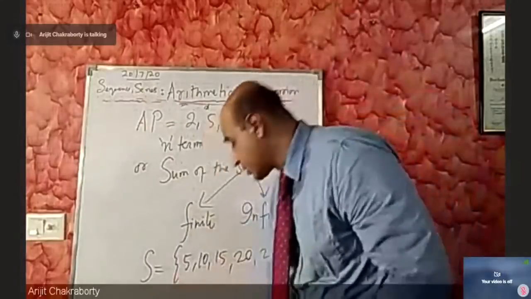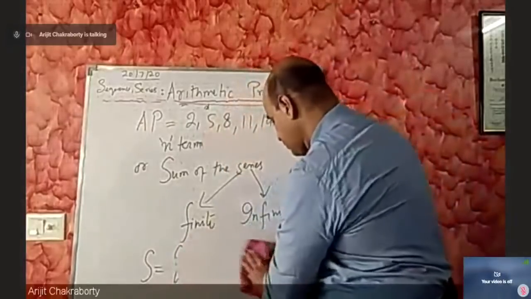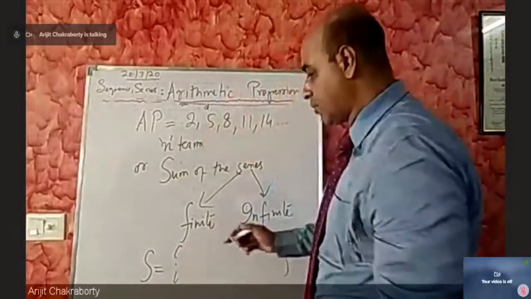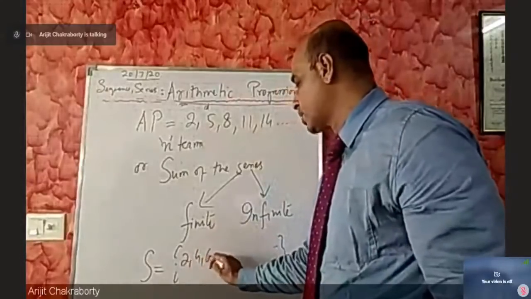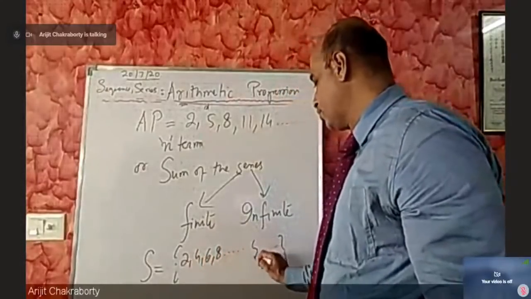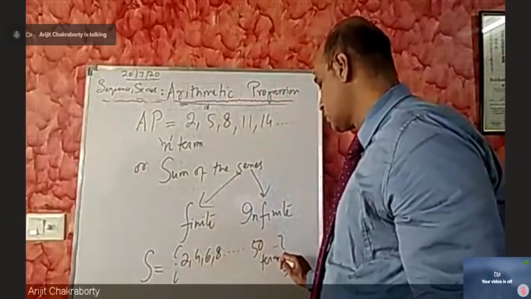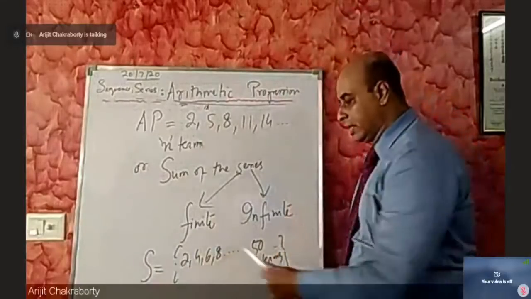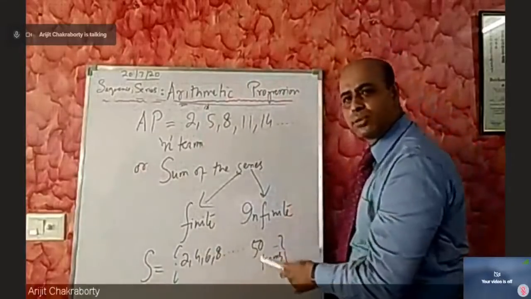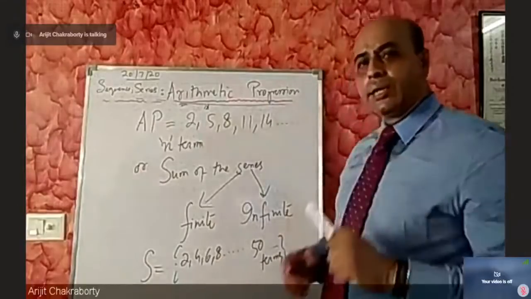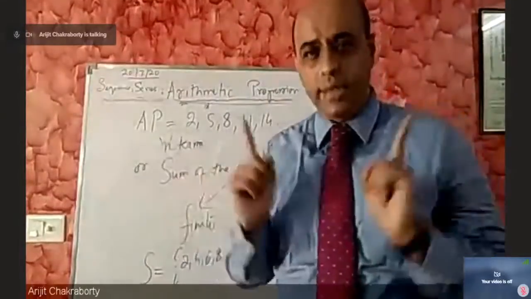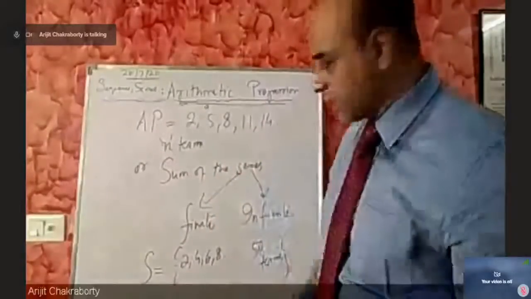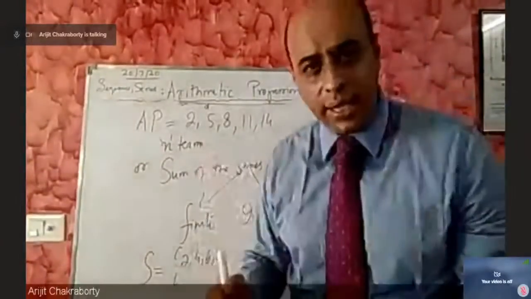Now if I write another series, I'm writing 2, 4, 6, 8 till 50 terms. Okay? 2, 4, 6, 8, 10, 12, 14 till 50 terms. This is a series. Yes. It's a sequence. Yes. Is it finite or infinite?